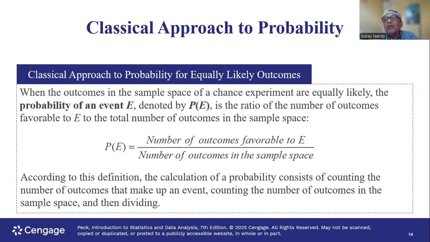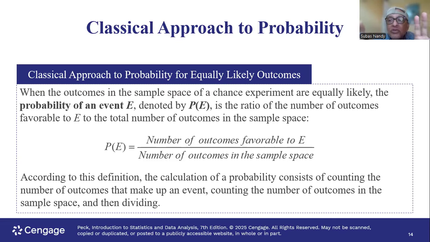So the probability of head is 1 out of 2. Why? One face contains head. There are a total of two faces. So 1, the smaller number, is in the numerator. The larger number, 2 faces, 2, is in the denominator, 1 out of 2. The probability of head in the long run is 0.5.